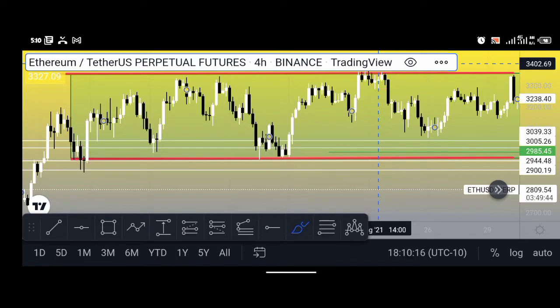After the candlestick starts ranging, you take note of the support level.